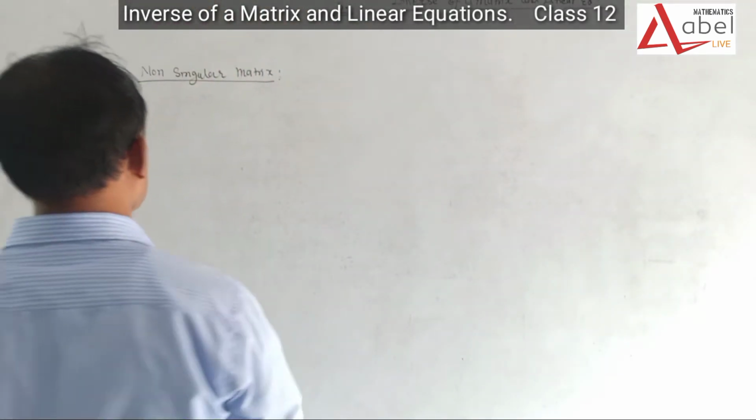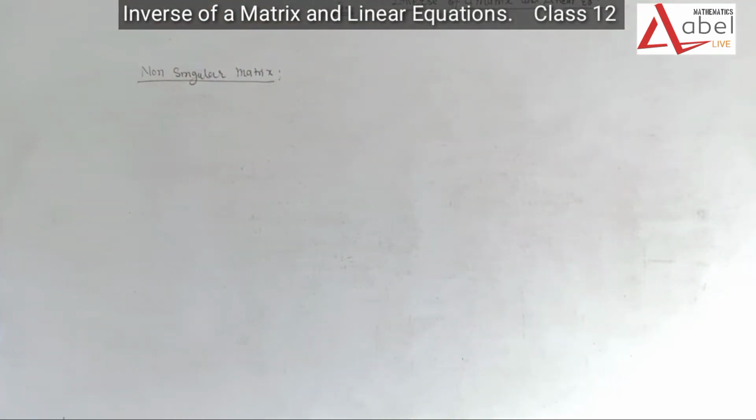So what is the non-singular matrix? The square matrix whose corresponding determinant value is not 0 is called the non-singular matrix.